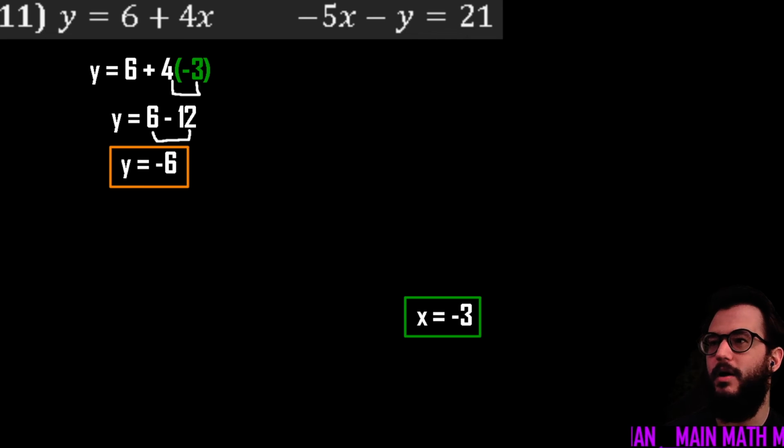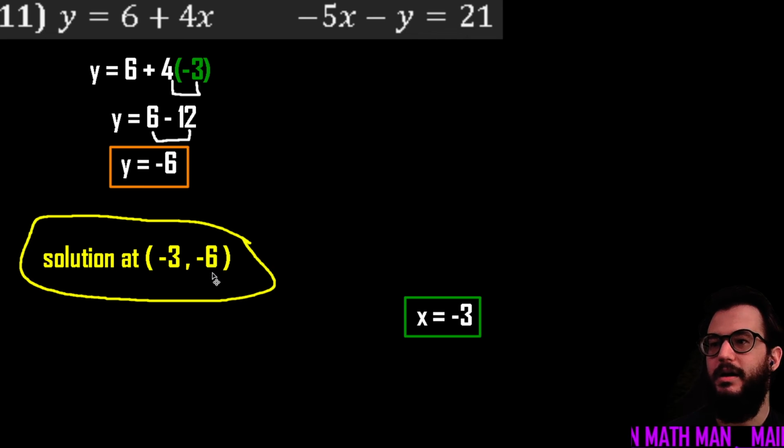So I have my x value, I have my y value. Write the ordered pair. So I'm going to say the solution to this system of equations is going to be negative 3, negative 6. Again, be very careful. I feel like a lot of people are going to kind of flip these back and forth. Always in this form, you know, x first, then y.